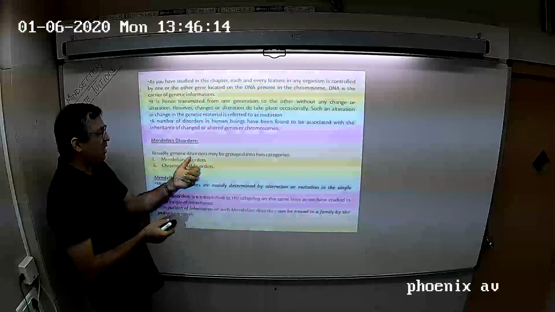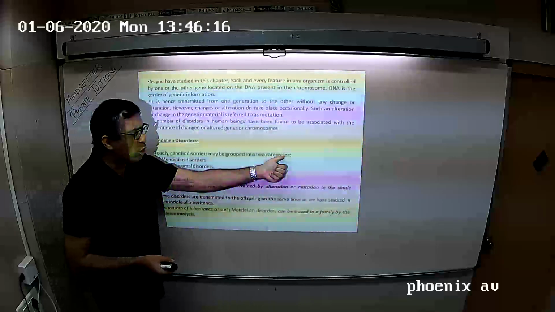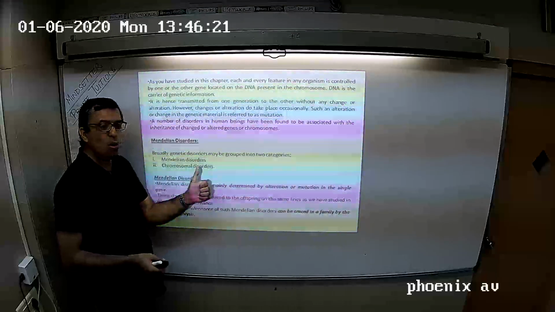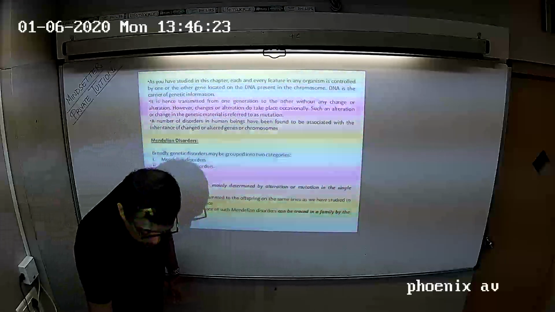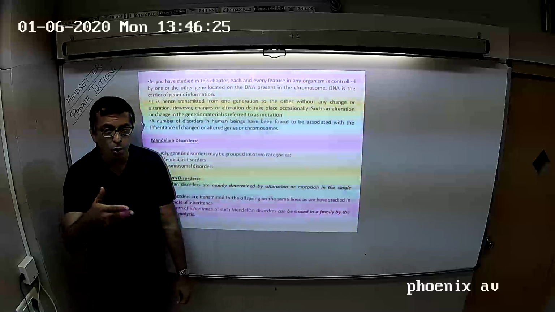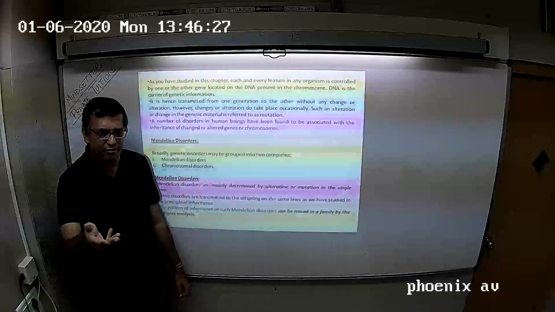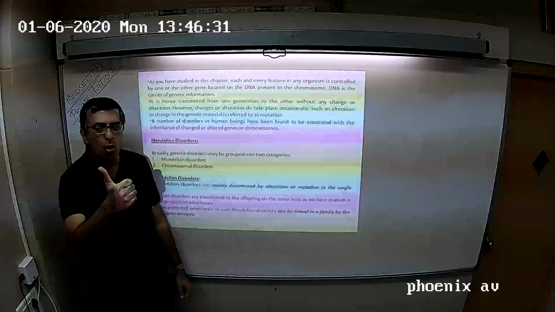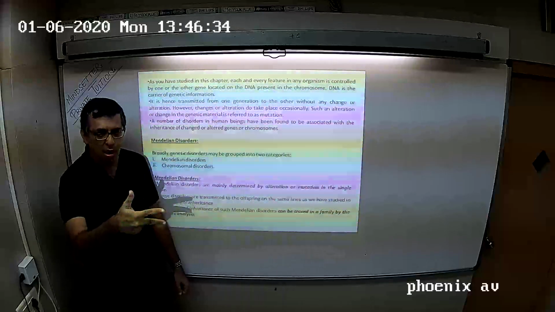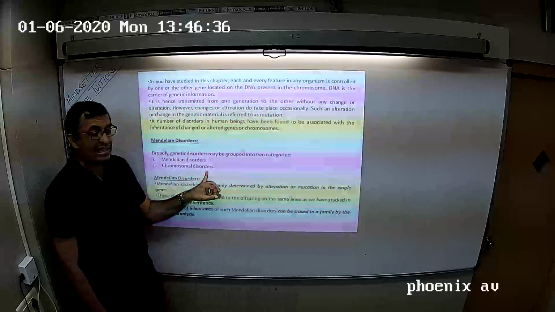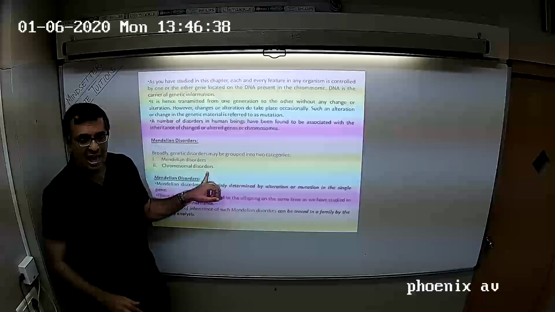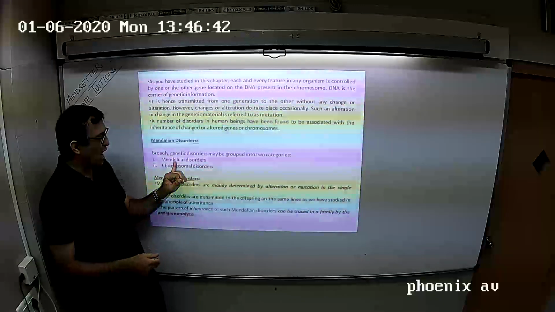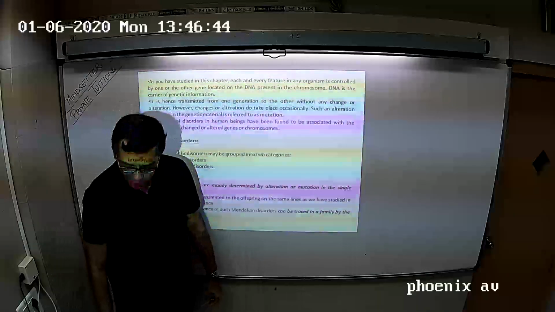All diseases, genetic disorders are grouped into two categories: Mendelian disorders and chromosomal disorders. Chromosomal disorders are due to chromosomal defects. For example, Down syndrome, Klinefelter syndrome, Turner syndrome are all called chromosomal disorders. And other diseases which are genetically passed on are called Mendelian disorders.